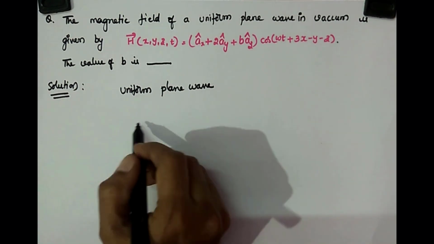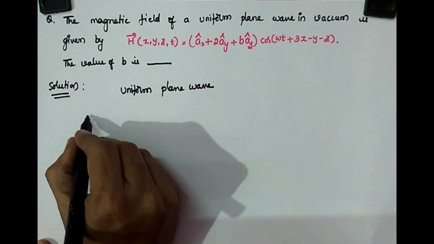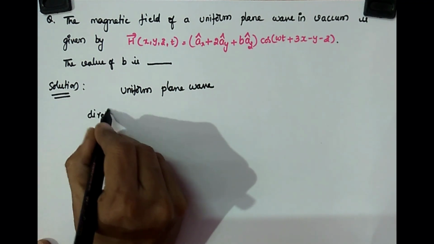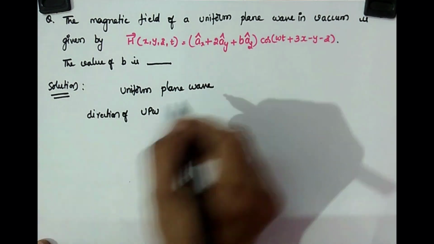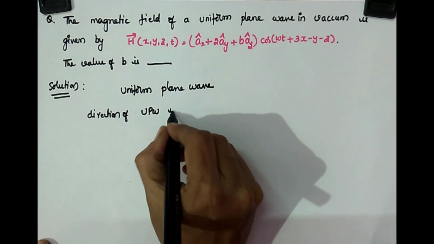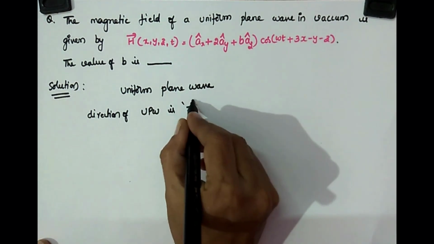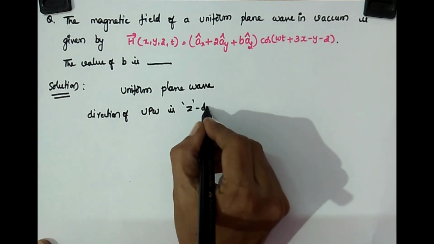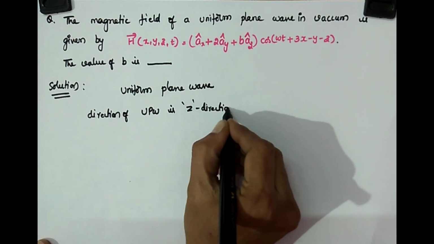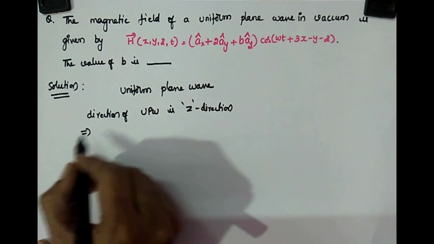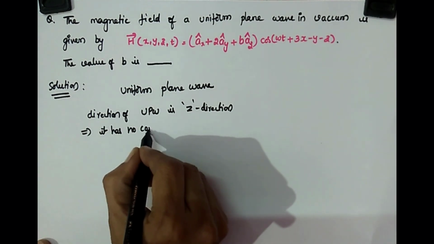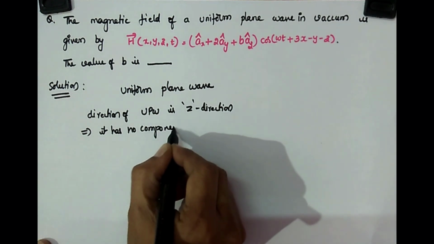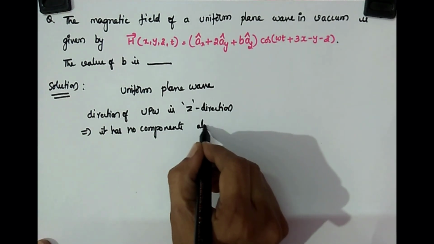Suppose the direction of the UPW, uniform plane wave, is the z direction, then it has no components along z.